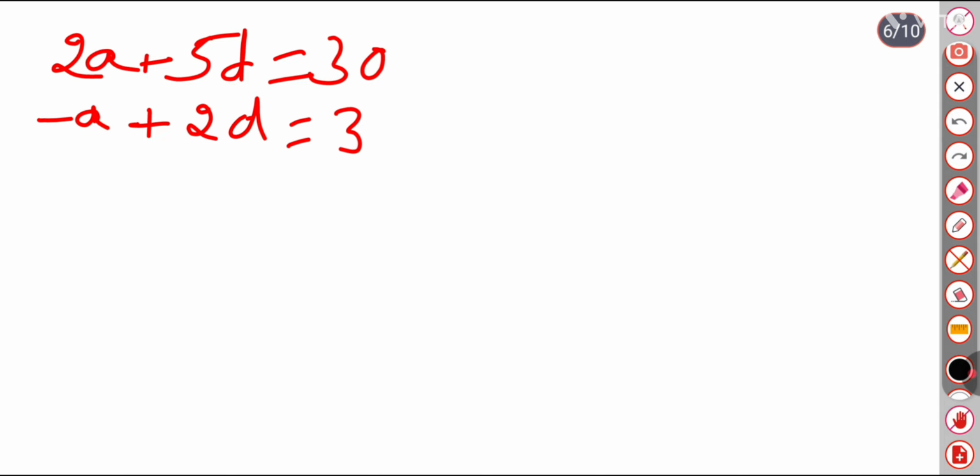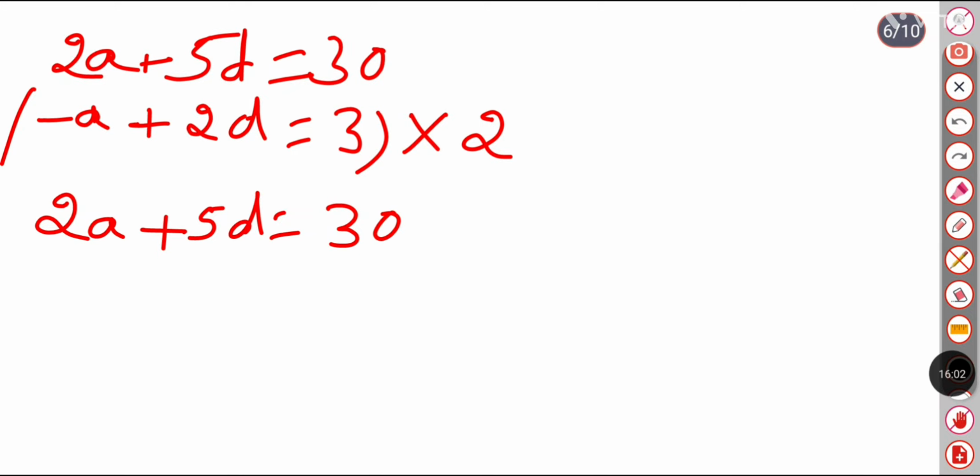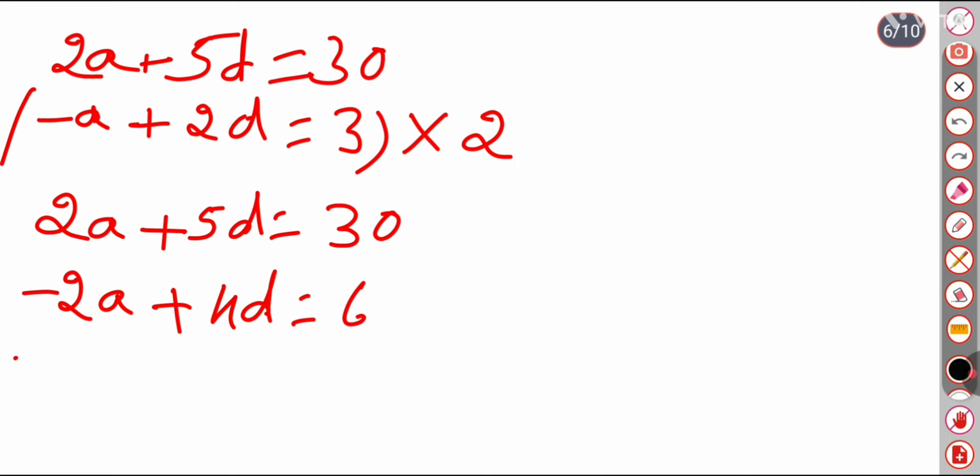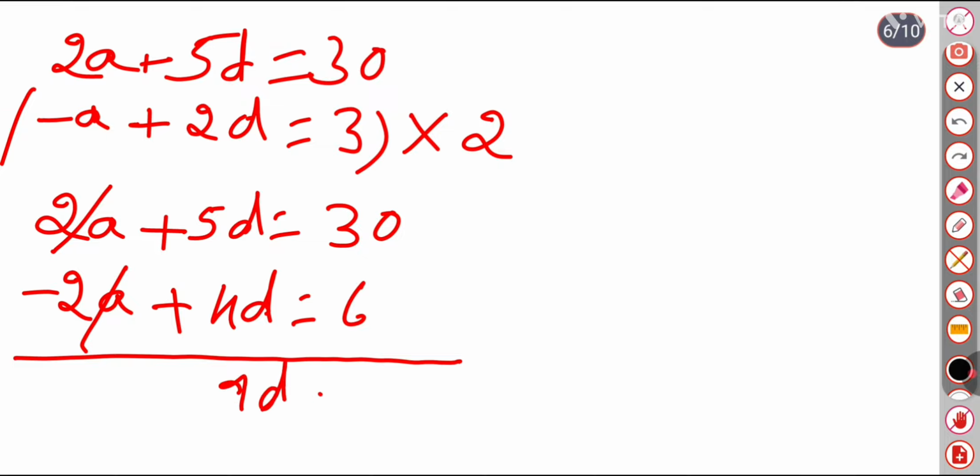We cannot cancel directly, so if you multiply by 2, this is minus 2A plus 4D is equal to 6. Just by adding we can cancel, that is 2A gets cancelled. Answer is here 9D is equal to 36. So D is equal to 36 by 9, which is 4.